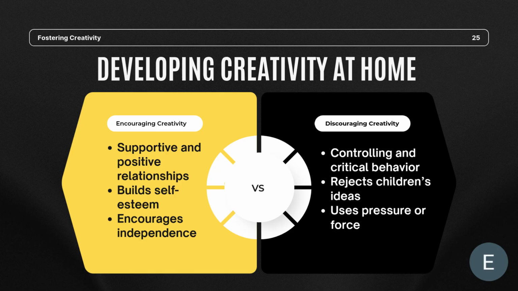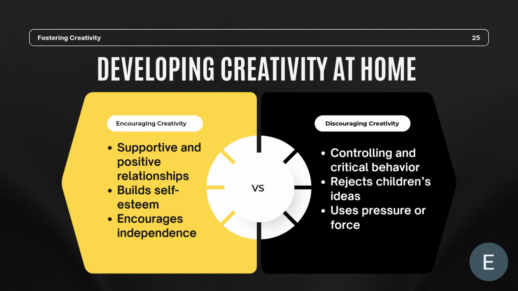Creativity begins developing at home, and parenting style plays a major role in shaping a child's creative thinking. Supportive and encouraging parenting helps build self-esteem, allows children to express their ideas, and promotes independence. These behaviors create an environment where children feel safe to explore and take risks.